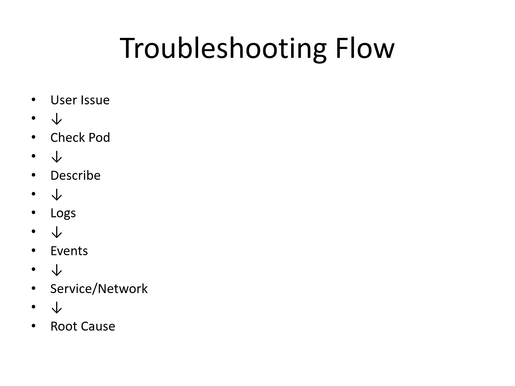First, identify which resource is affected. Check pod status. Use describe pod; it will give us the events that need to be inspected. Review the application logs. Verify networking is in place and services are proper.